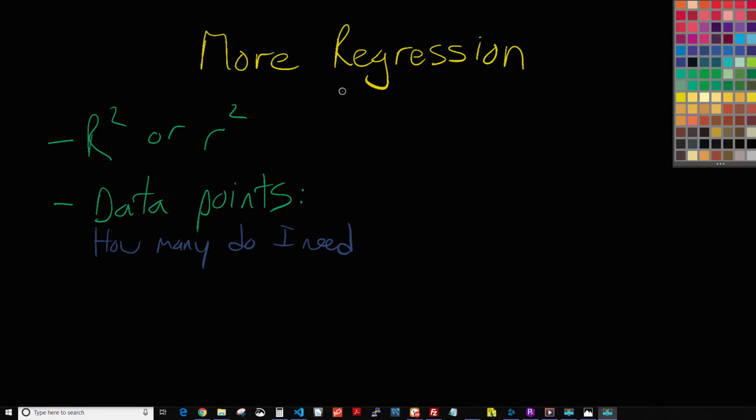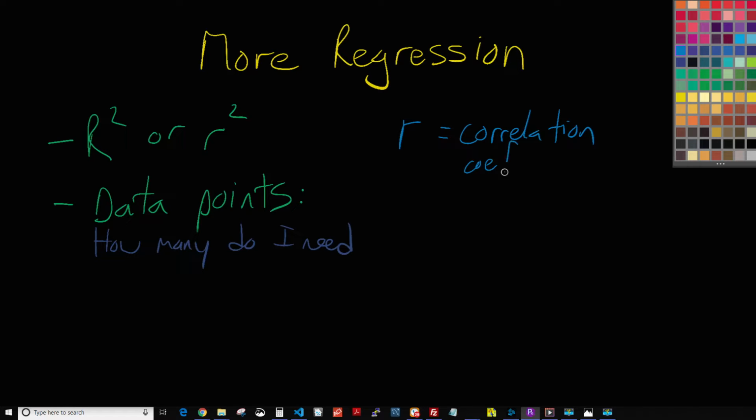R squared, what is it? Well, first of all, in a very basic way, R squared is just taking the R and then squaring it. Obviously, that's very basic, but to get down to it, let's talk about what R is. R is the correlation coefficient.